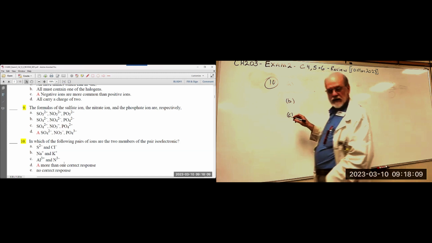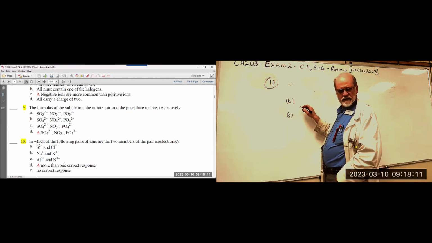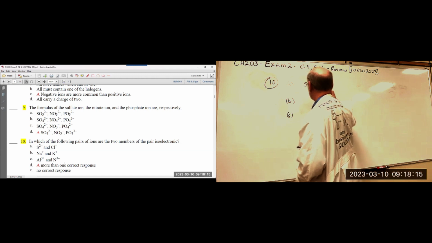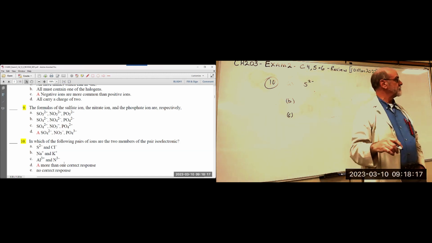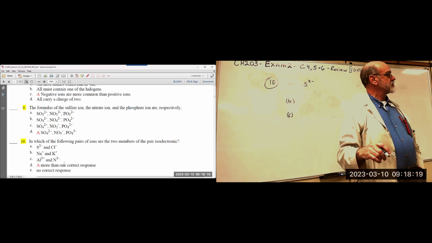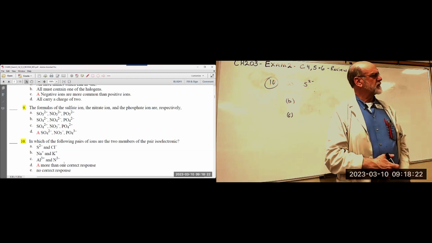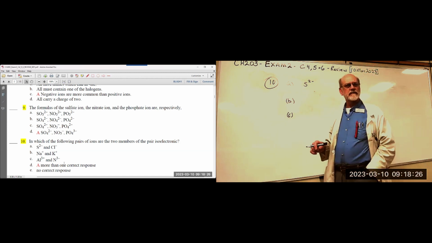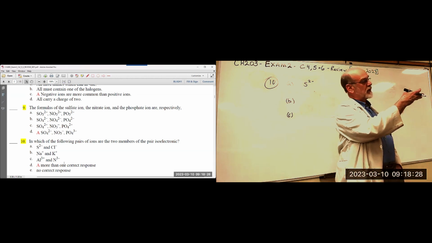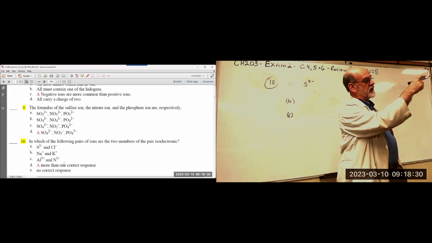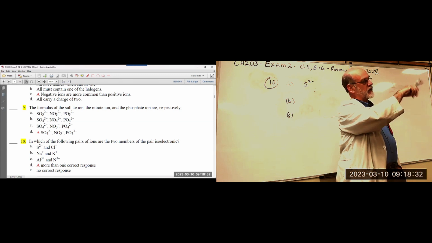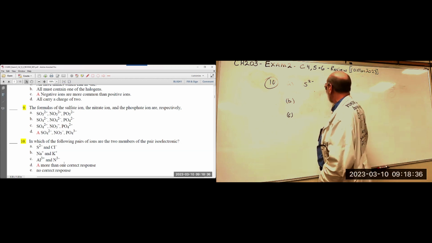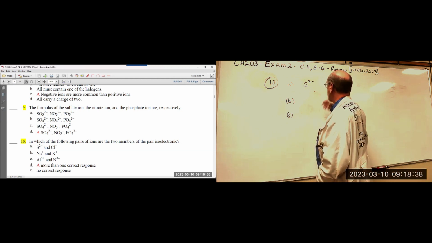Starting with A: sulfur 2-. If sulfur is a 2-, it gets 2 extra electrons. Just use your periodic table. The electronic structure should be like argon. There's sulfur, add 2 electrons, move 2 to the right, and you get argon.